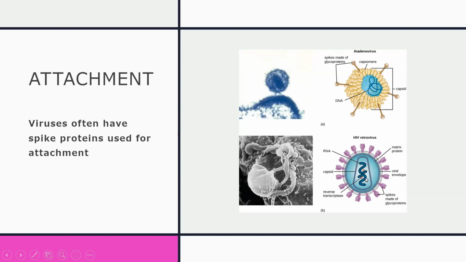Now here we have HIV, which is an enveloped virus, and the spikes are going to be in the envelope. Keep in mind that generally speaking, the spikes are going to be on the outer layer of the virus, whether it's naked or enveloped. It's a little bit harder to see those spikes here, but on these cells, we've got these little protrusions coming off, and those are little virus particles.